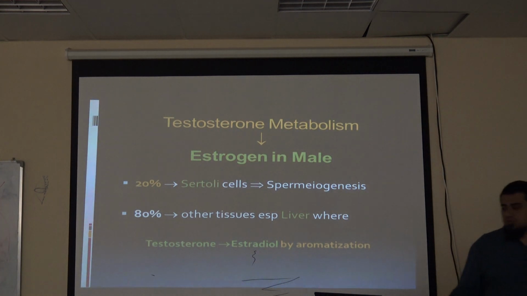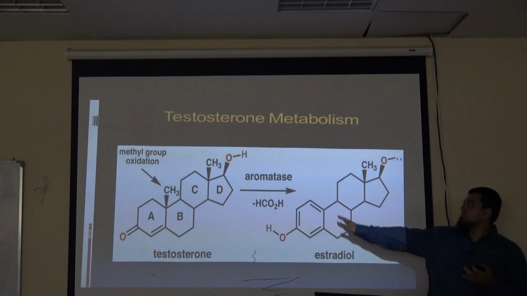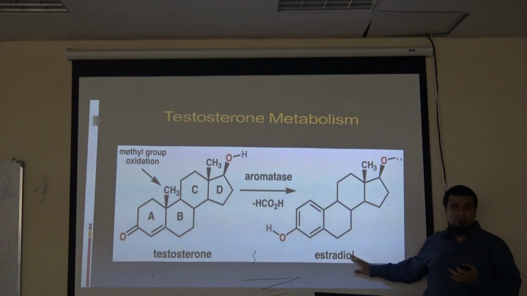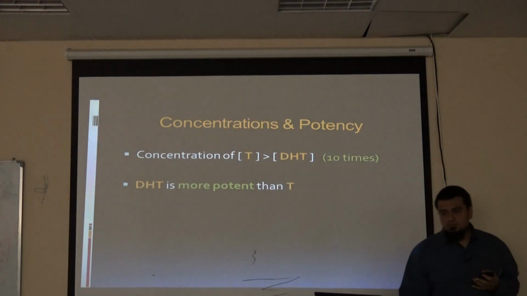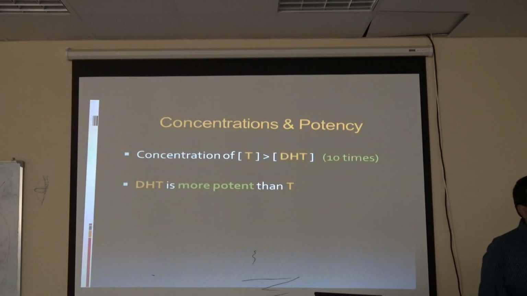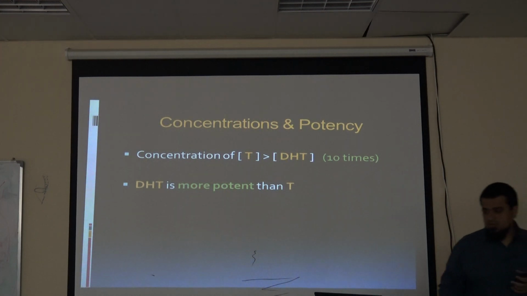So this is very important conversion. You should remember this. The testosterone under the influence of aromatase converts into estradiol. And as I just mentioned, the concentration of testosterone is about 10 times more than the dihydrotestosterone, but dihydrotestosterone is more potent.